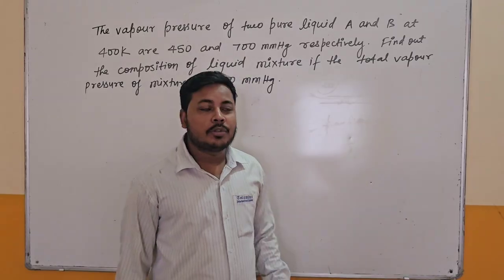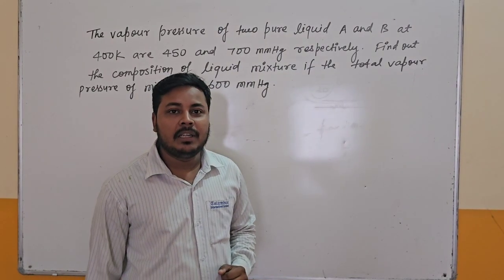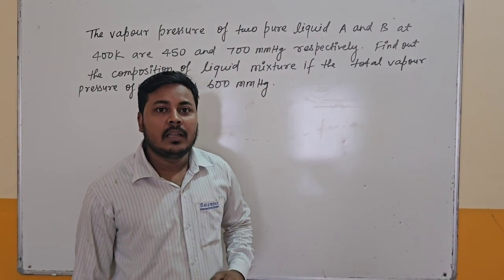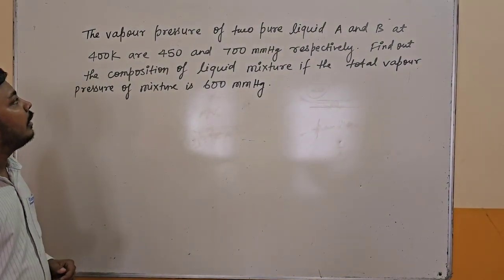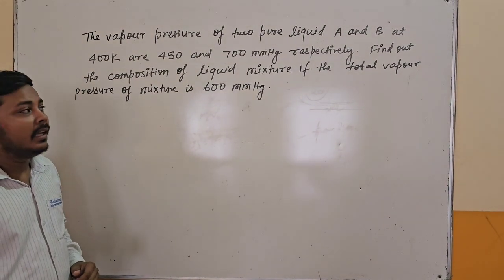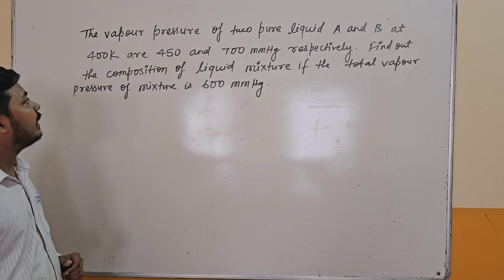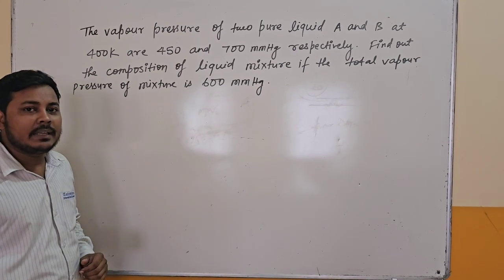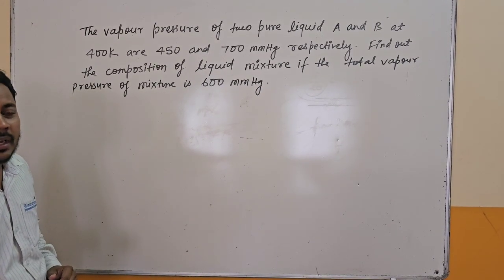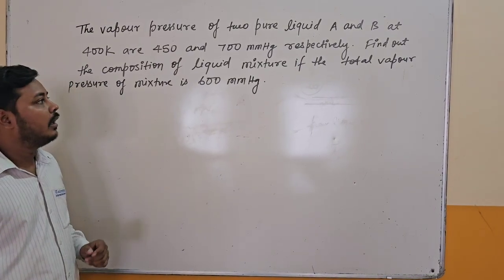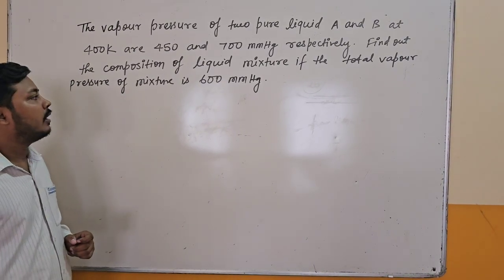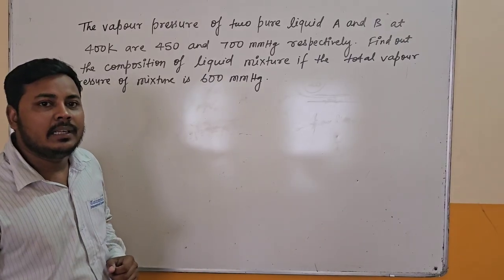This question came in the Class 12 Chemistry compartment exam. Let us see the solution. The question says that the vapor pressure of two pure liquids A and B at 400 Kelvin are 450 and 700 mmHg respectively. Find the composition of the liquid mixture if the total vapor pressure of the mixture is 600 mmHg.